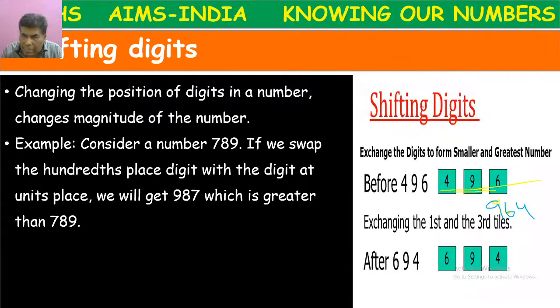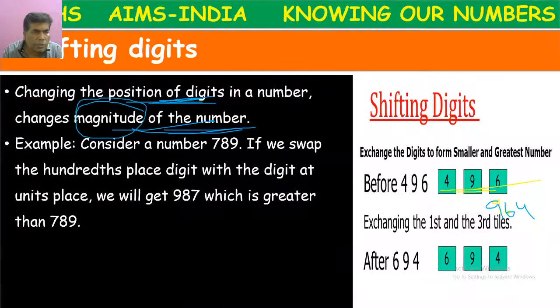By interchanging the digits, we can change the value. By changing the position of digits, we can change the magnitude of the number. Already I have told, magnitude means the value of the number.